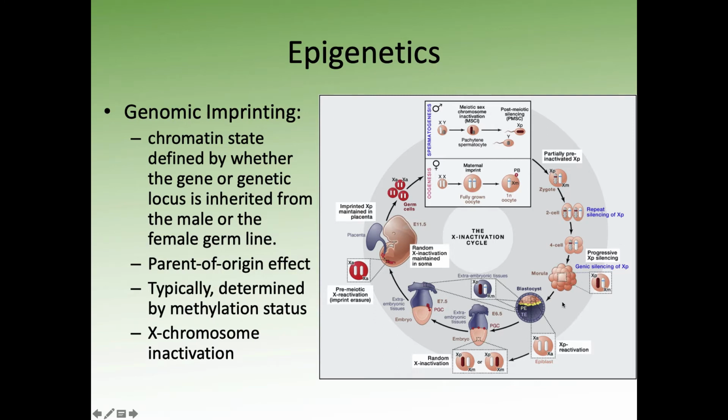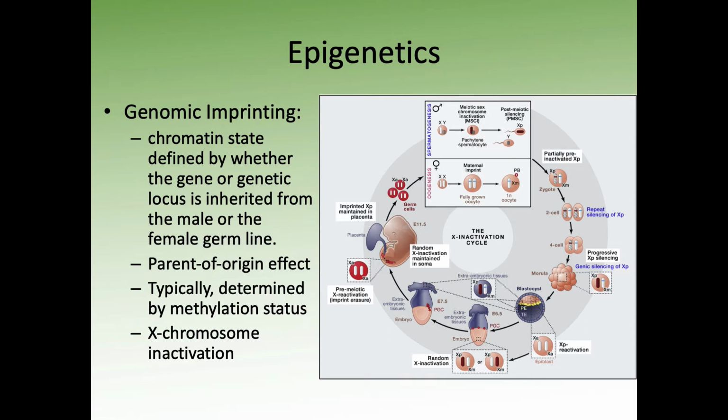Round about blastocyst stage, we see a reactivation of the XP chromosome and then random inactivation after that. After this stage, from the embryonic stage onward, X gene expression is thought to be somewhat random throughout the organism.